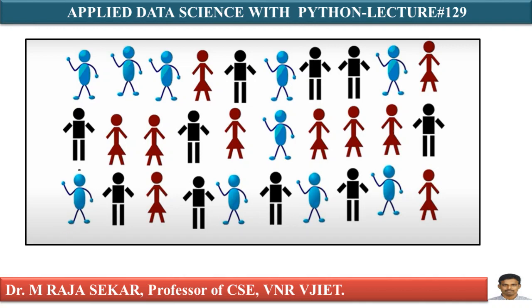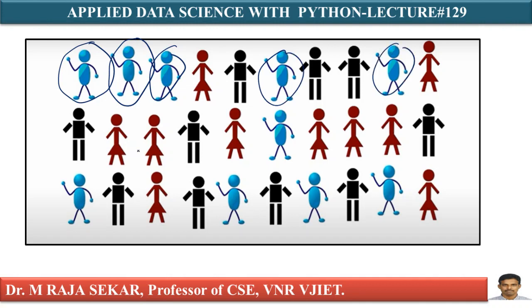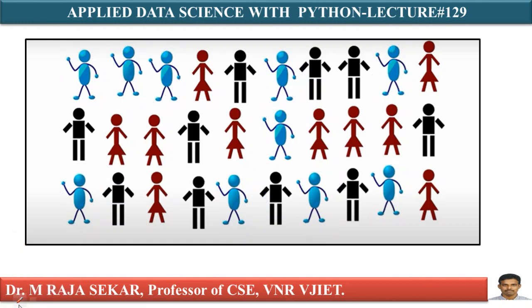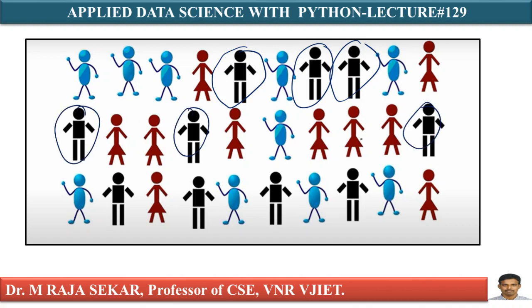First category, blue guys. Just see, he is a blue guy, blue guy. Here also I have blue guys. There is another set. If you observe carefully, what is that other set? It is simple and straightforward. There are black guys. This is a black guy, and here also I have black guys.